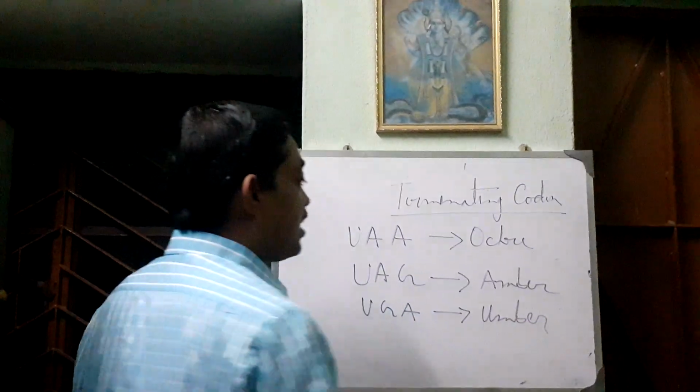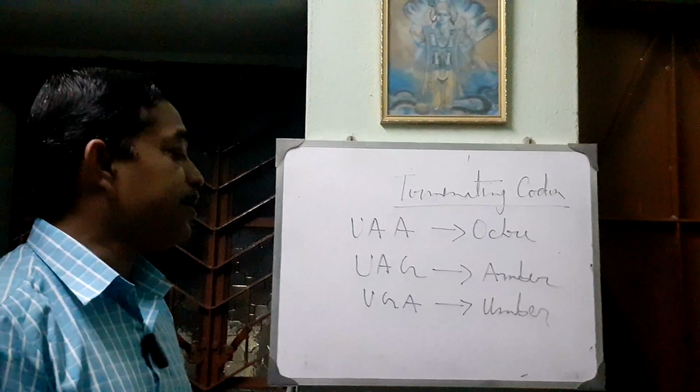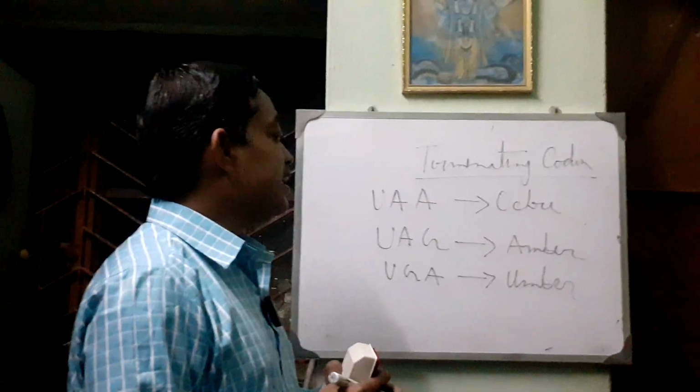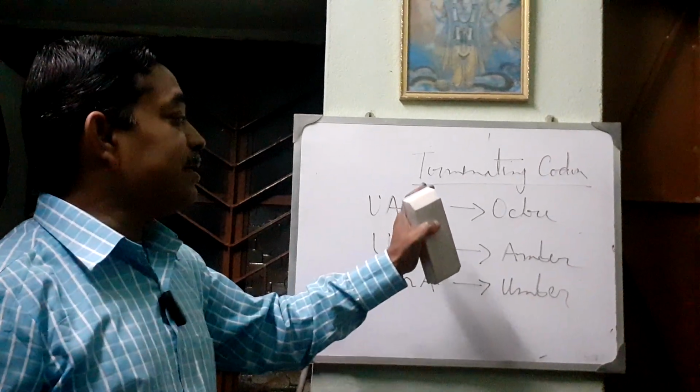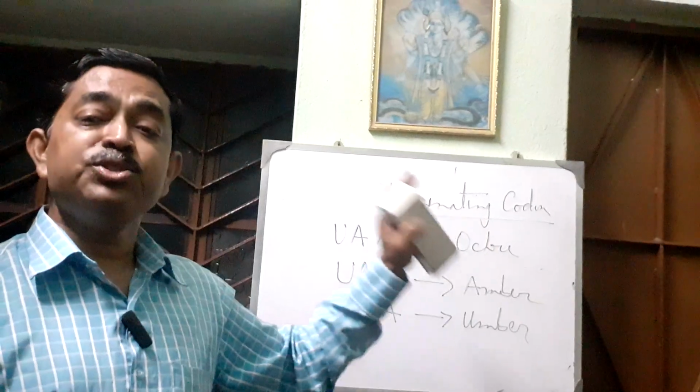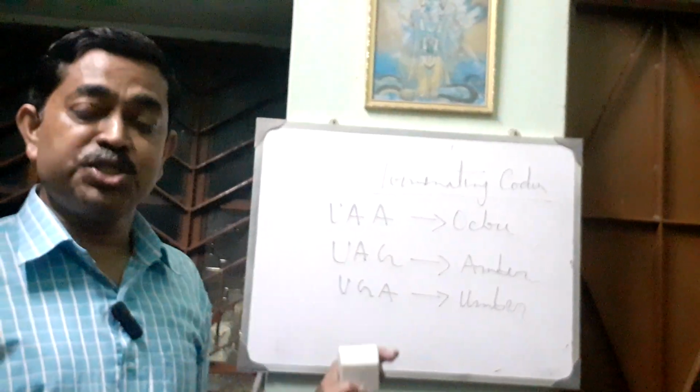These are the terminating codons. They do not specify any amino acid; they indicate the end or termination of a gene structure.